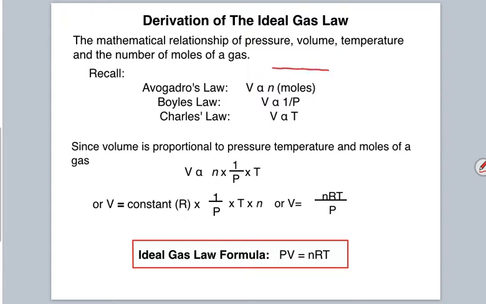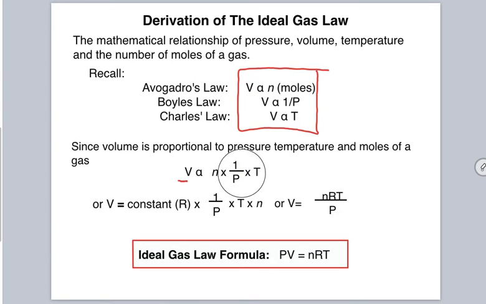So these three ideas get combined together. How is the volume of a gas affected by particles, pressure, and temperature? We see the influence from Avogadro's law in this first section, right? Volume is proportional to number of moles. We see Boyle's law, that volume is proportional to the inverse of pressure.